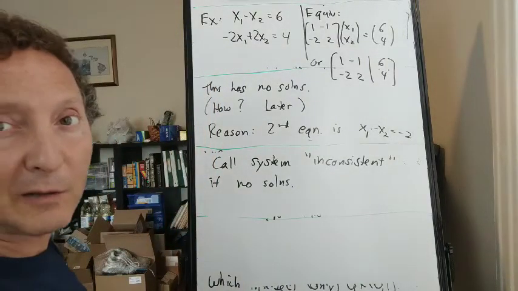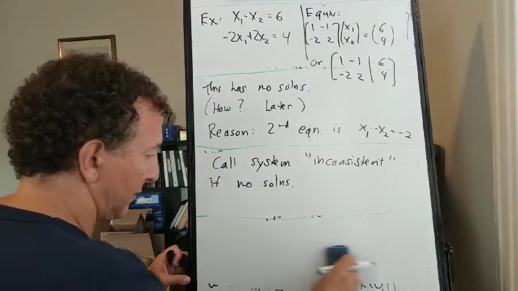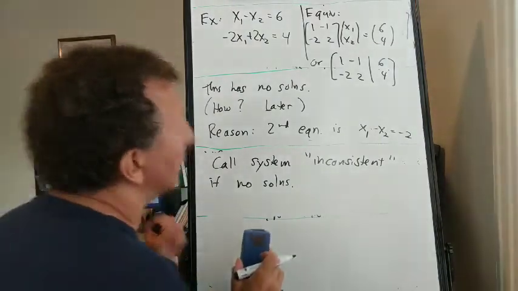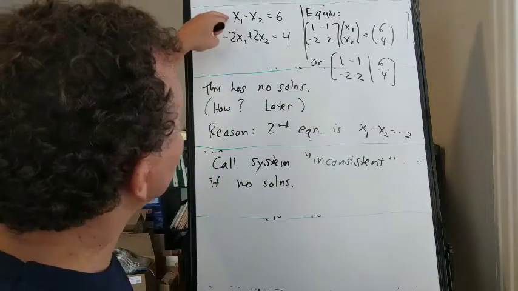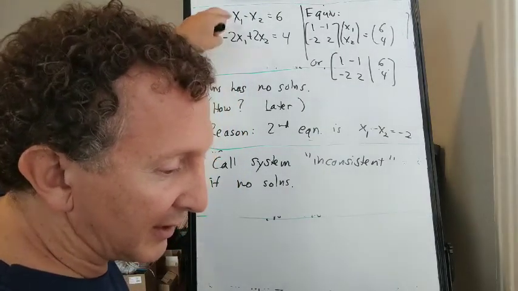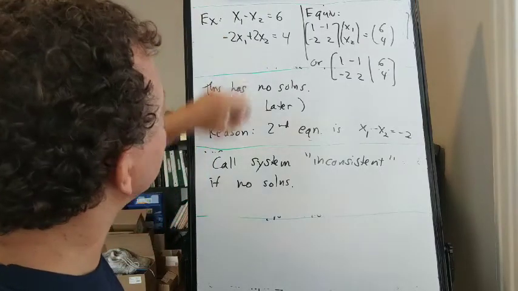All right, now let's look at a system of equations that has infinitely many solutions. I'm going to use x1 minus x2 equals 6 again, and negative 2x1 plus 2x2 equals negative 12.